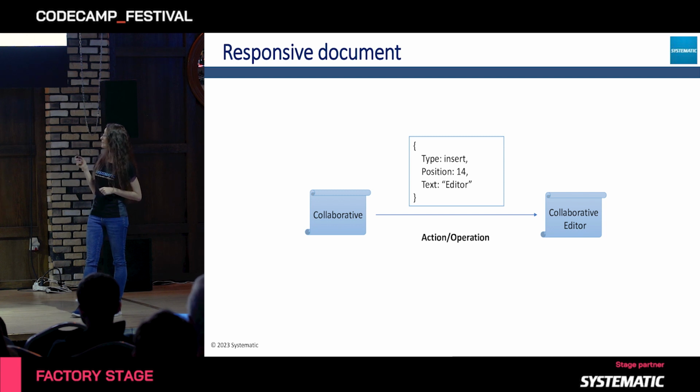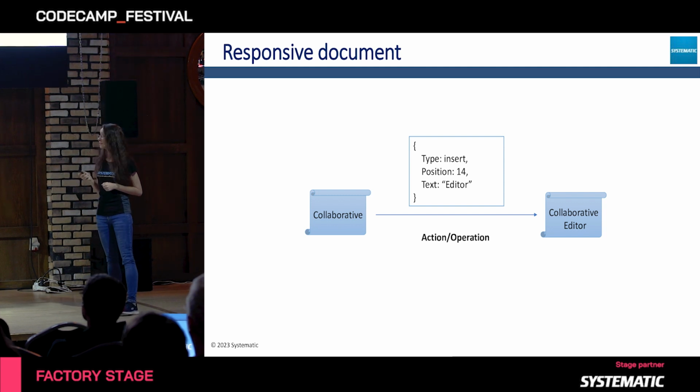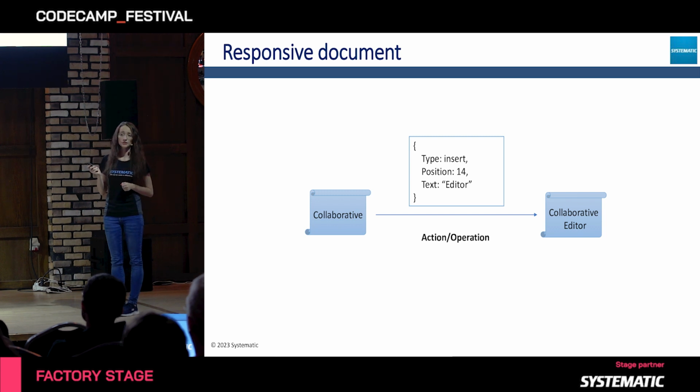We have the position in the document where we inserted something, and also the text that was inserted. So by using custom actions and operations that are sent as notifications, we have the intent of the user to ensure that we are able to propagate the changes and apply them.